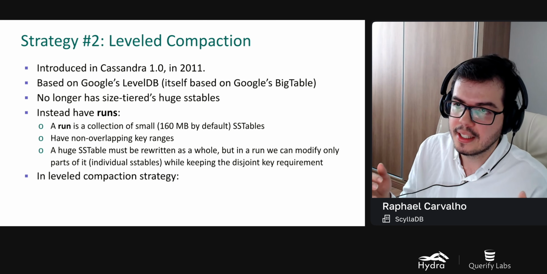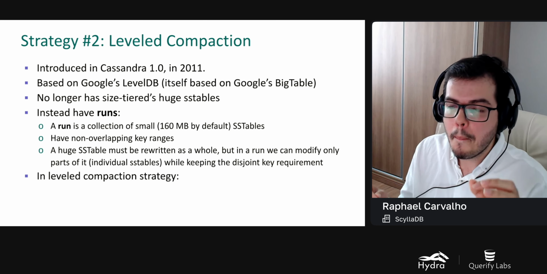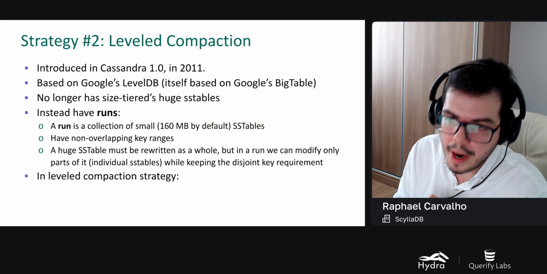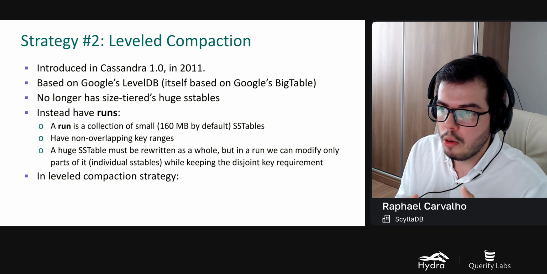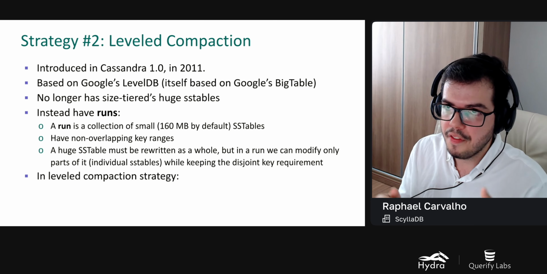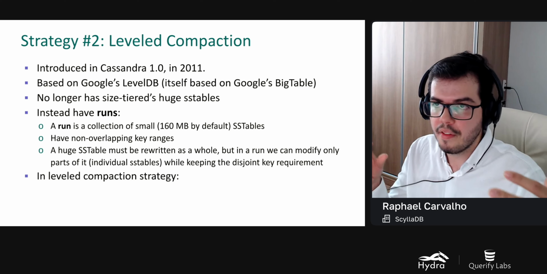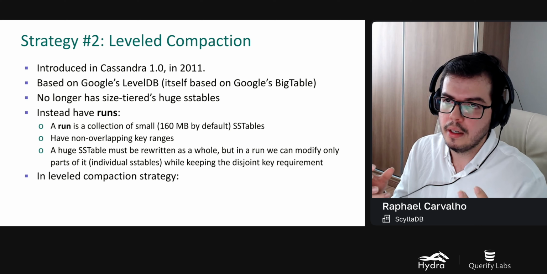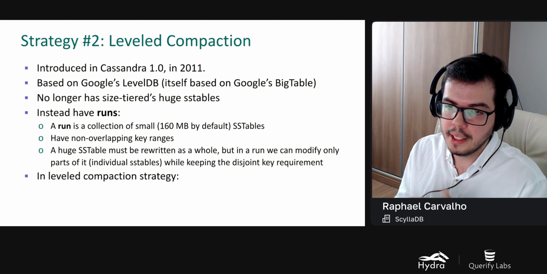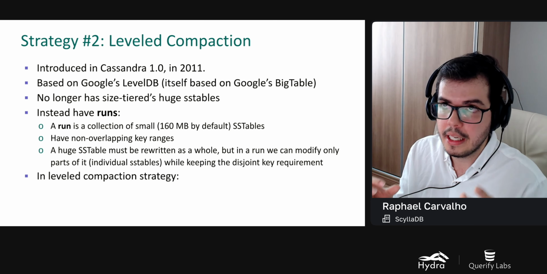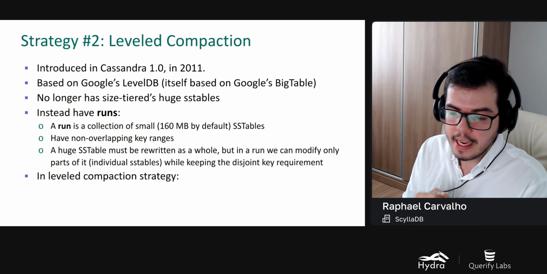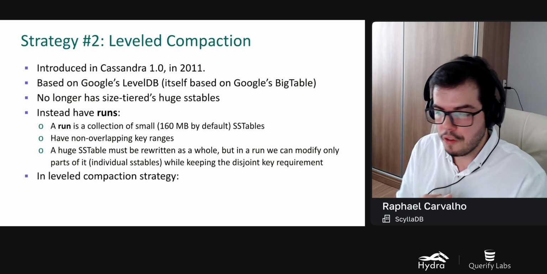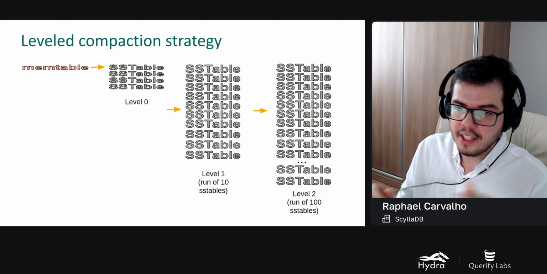So if level 1 has 10 files, I can compact just one file from level 1 to level 2, which allows the space requirement for compaction to be reduced to a limit, where the limit would be the amount of fragments being compacted together multiplied by the fragment size. It's because all the fragments in leveled policy are fixed in size. We use 160 megabytes by default. So that's how it looks like.